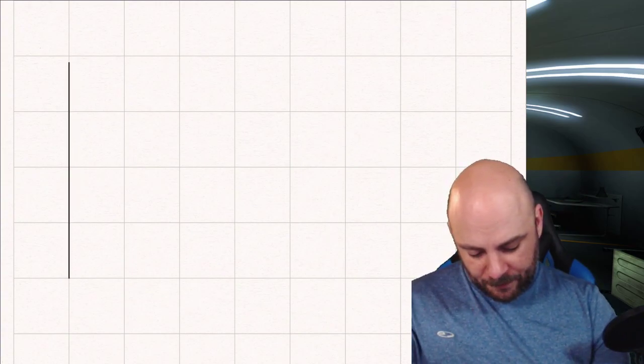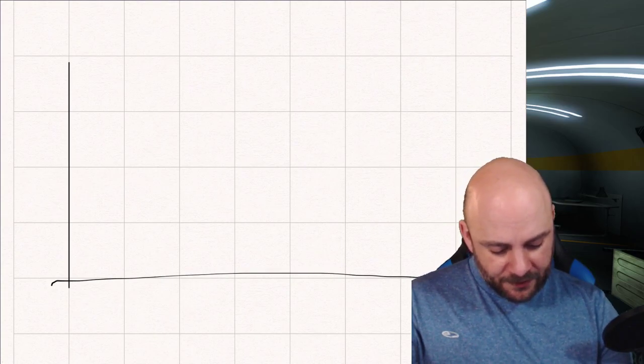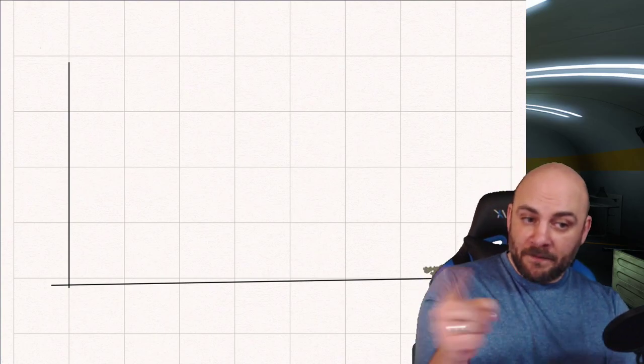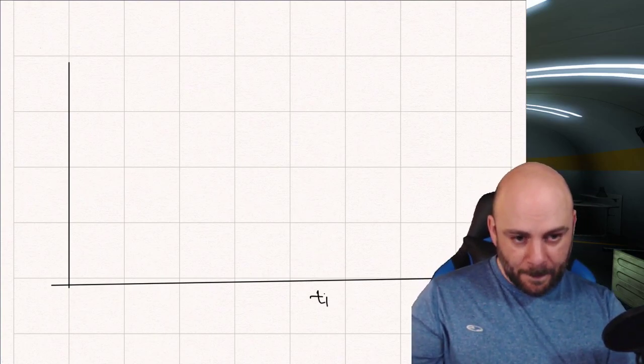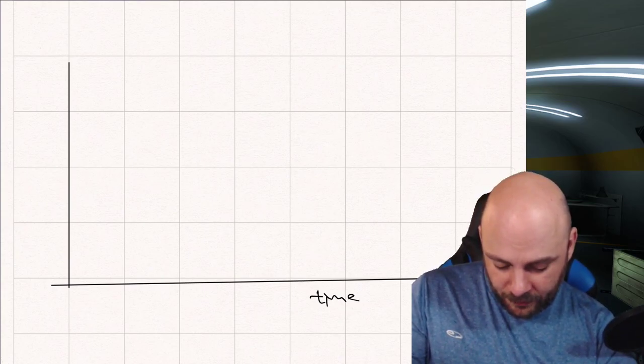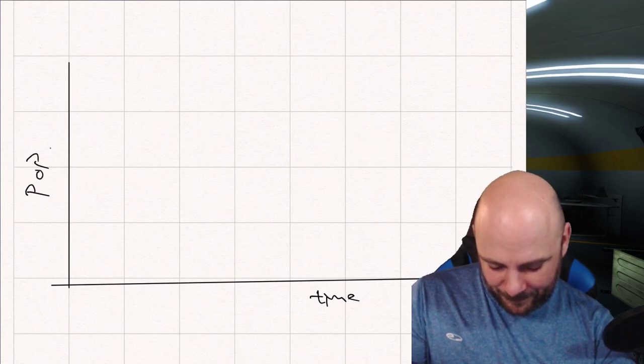But basically, the outcome of this model is as follows, and this should look familiar to any of you who are watching way too much news. Okay, on my horizontal axis here, I've got time. On my vertical axis, I've got population.